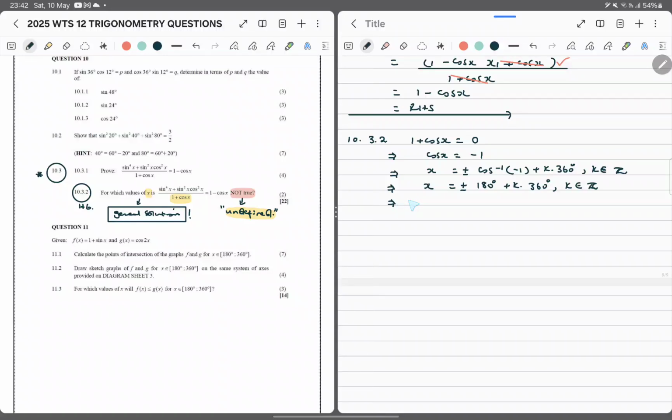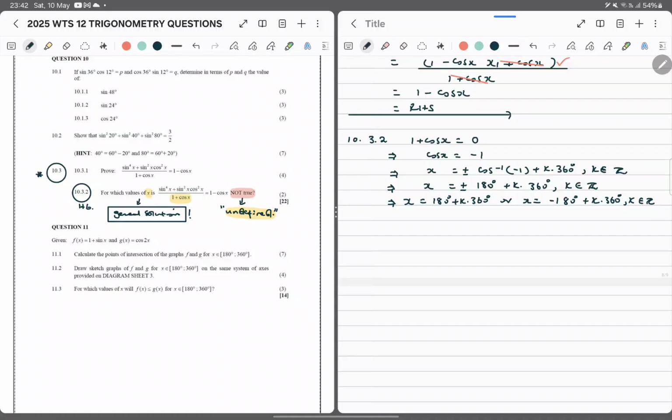All right. This also implies that x is equal to 180 degrees plus k times 360 degrees, or x is equal to minus 180 degrees plus k times 360.